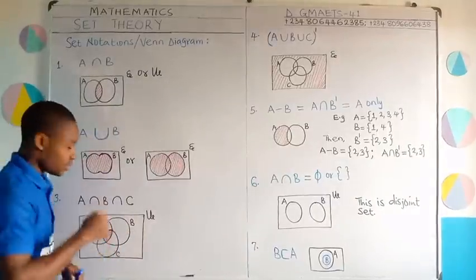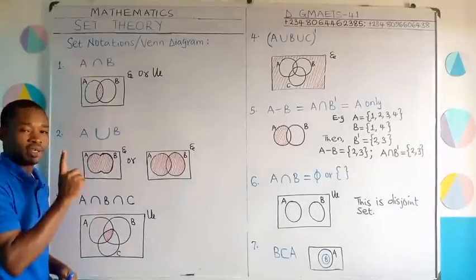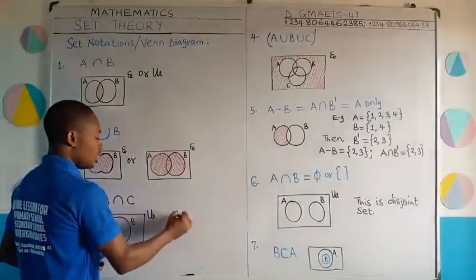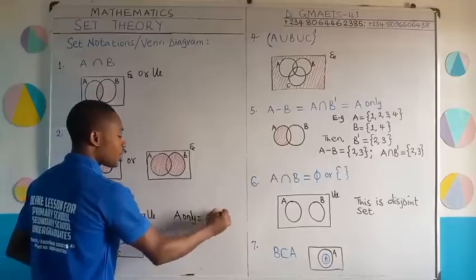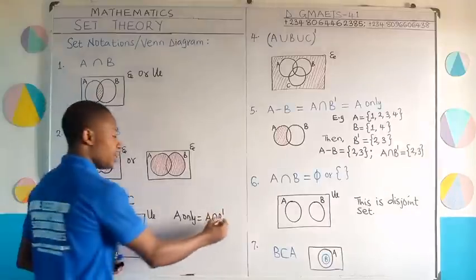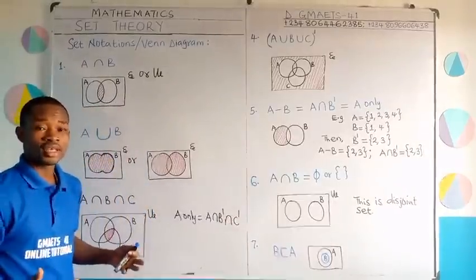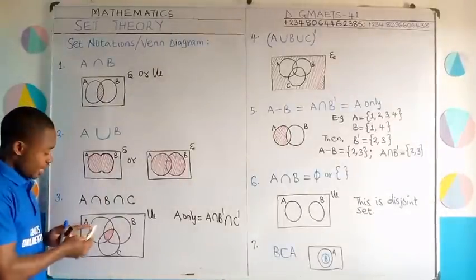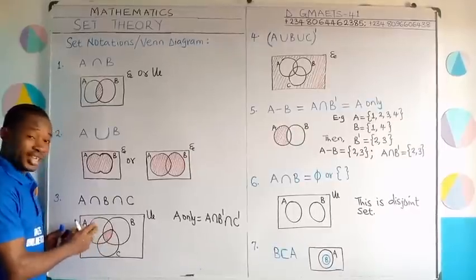For example, when I want to consider the elements that belong to set A only, so you don't have anything to do with set B and C. So A only, you can say it is equal to A intersection B complement, meaning it has nothing to do with B, intersection C complement, meaning that it has nothing to do with C. So that belongs to A only, and that's what we write here. Any element found in this space is an element belonging to set A only.